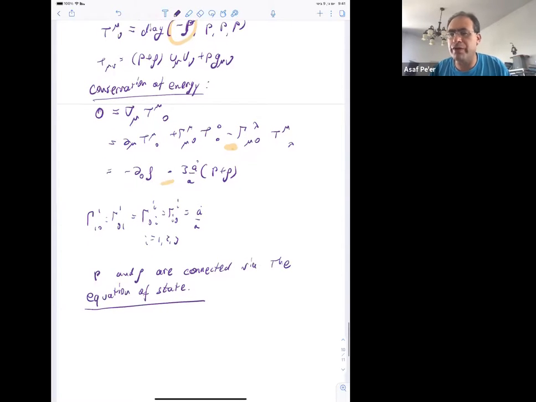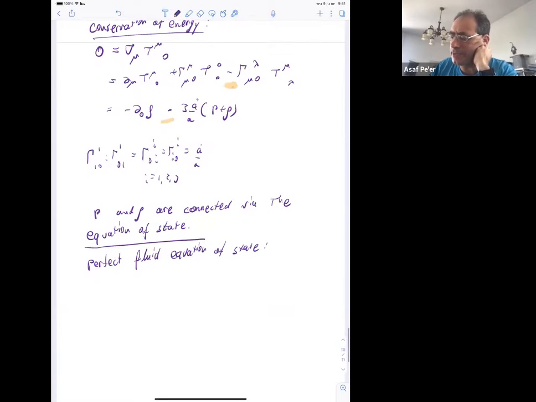So we have a perfect fluid equation of state, which will read something like p is linearly proportional to rho. The pressure depends on the energy density times some constant omega, which is independent of time.